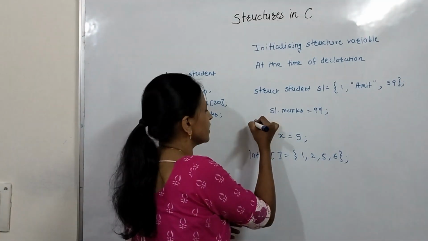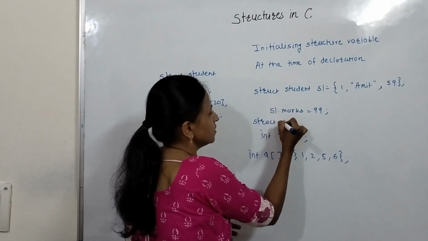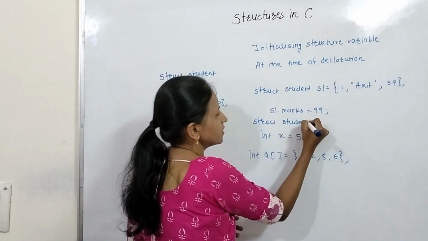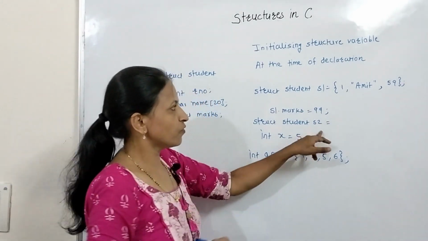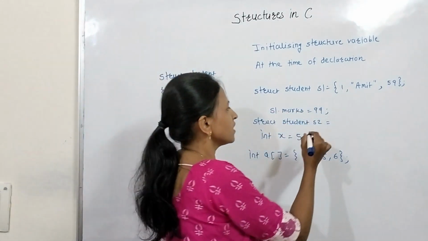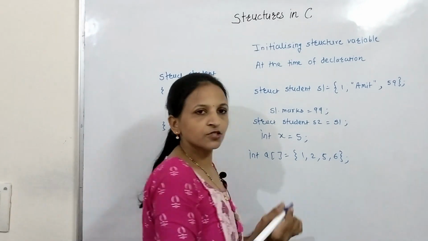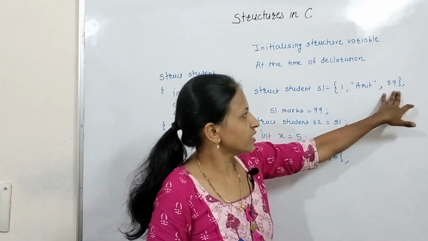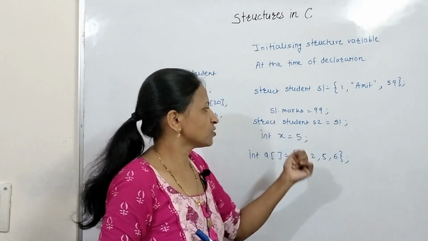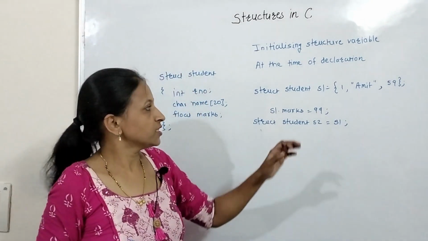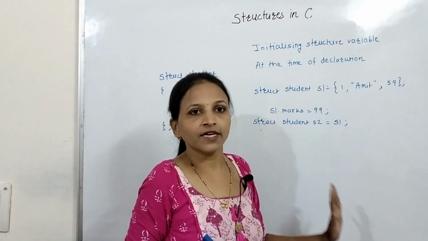Like we will create second like struct student S2, and for that S2 I want to give same values as S1, then I can directly write here like S2 equals to S1. Then same whatever same data will get copied inside that S2 also. This is how we can initialize structure variables at the time of declaration.